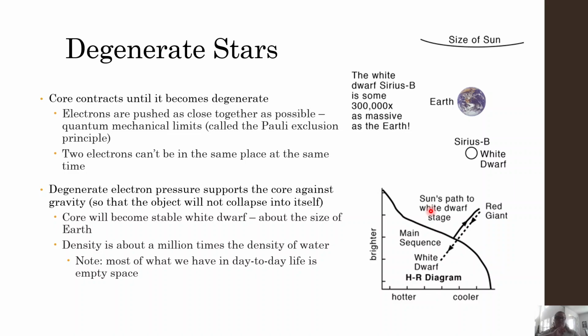So this limit is called the quantum mechanical limit, or the Pauli exclusion principle, where we can't get any closer. Basically, these electrons cannot get any closer. And the degenerate electron pressure supports the core against gravity.